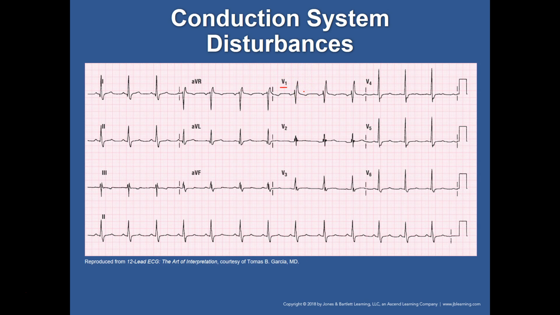You guys should remember that. Our J point is basically where the QRS ends and the ST begins. So let's just call it right here. Now we're going to color this in. So we go back to our first line and just color that in, okay?